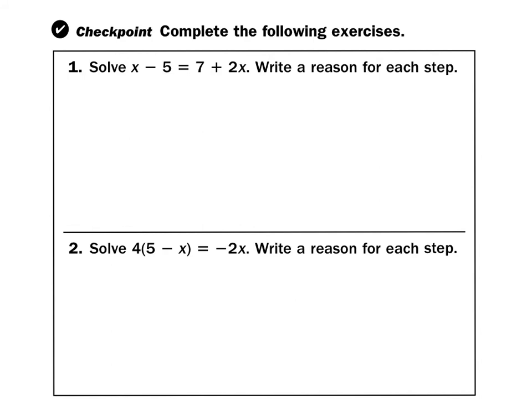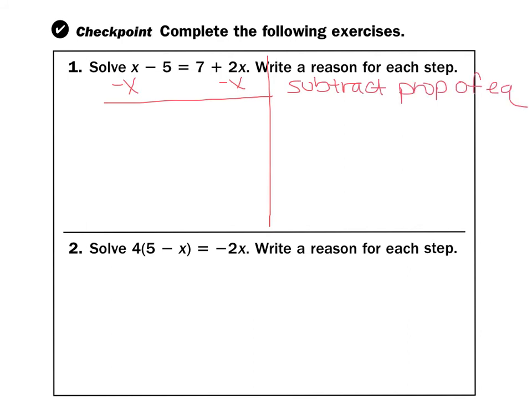All right, so you guys know I always like to move my smallest x first. So that's just what I'm going to do here. I'm going to subtract x and I'm going to subtract x. So my reason that I have here is the subtraction property of equality. And again, I'm abbreviating. So in my next step, I have -5 is equal to 7, and that is plus x.